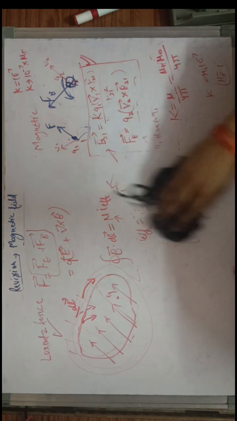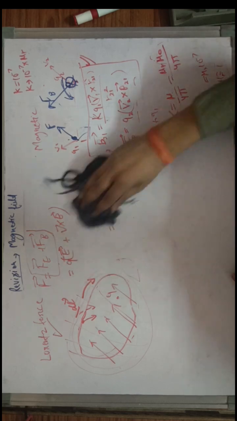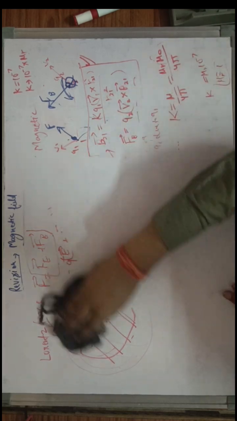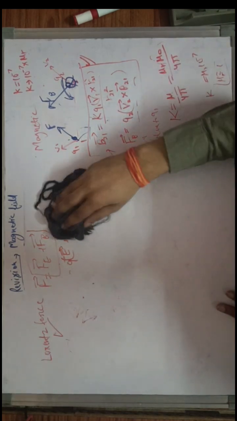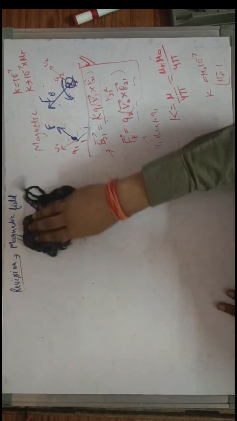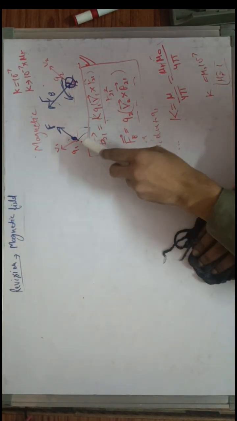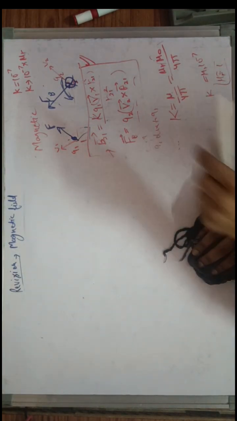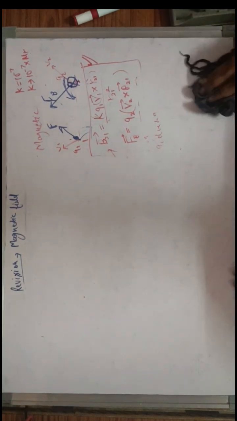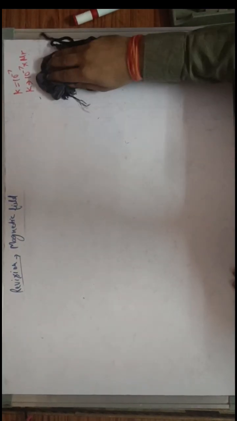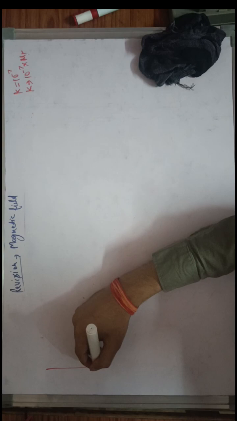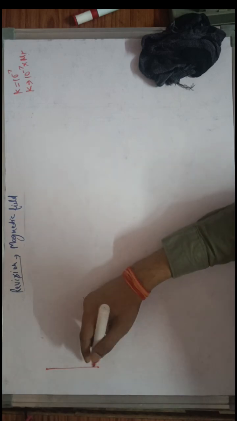Now moving ahead, we have some formulas for magnetic field due to a system of moving charges. This was the magnetic field due to a moving point charge, and now let's say there is a straight wire.